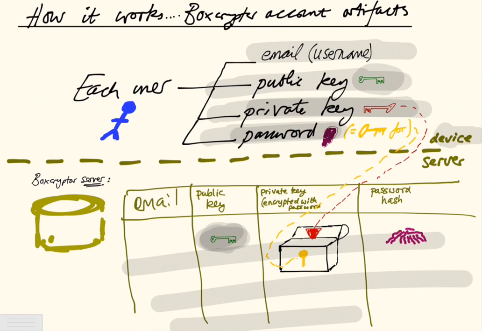And as with all the diagrams in this series, an amber key means a symmetric key. So it's the same key to lock and the same key to unlock. So we're putting the private key into a little treasure chest. We're going to lock it with the password, and then we're going to put the treasure chest on the Boxcryptor server. And that's what the Boxcryptor server stores with our private key, right? But the important point is that without the password to unlock it, we can never, ever retrieve the private key from the Boxcryptor server.